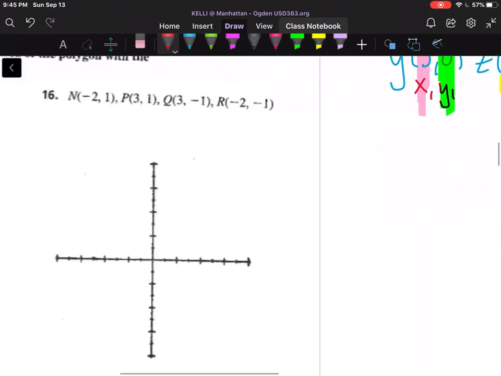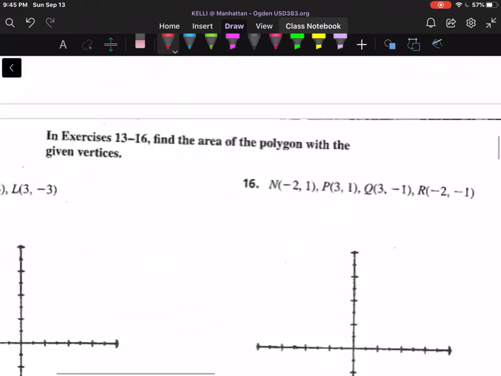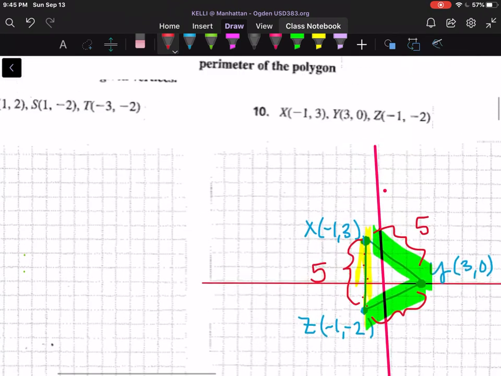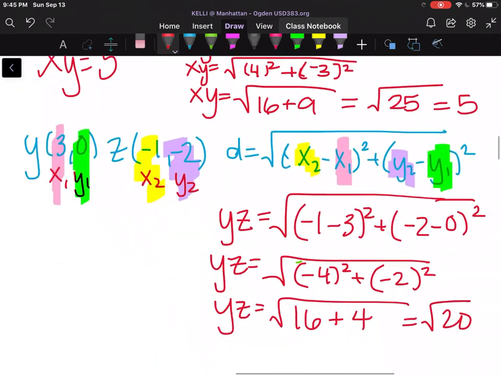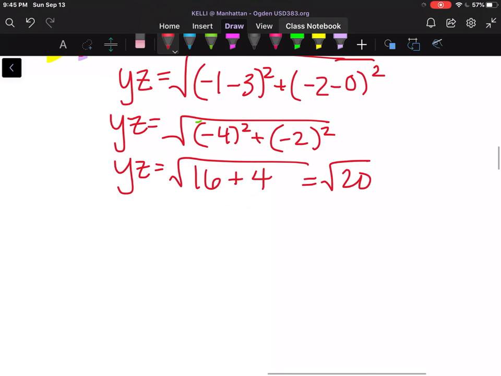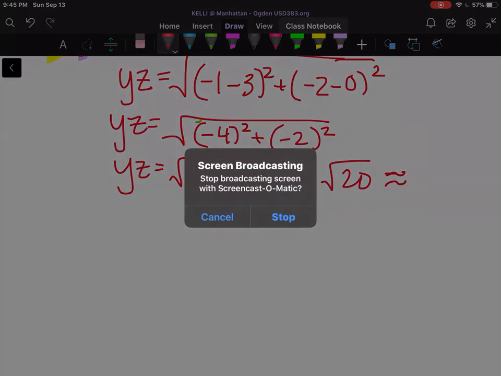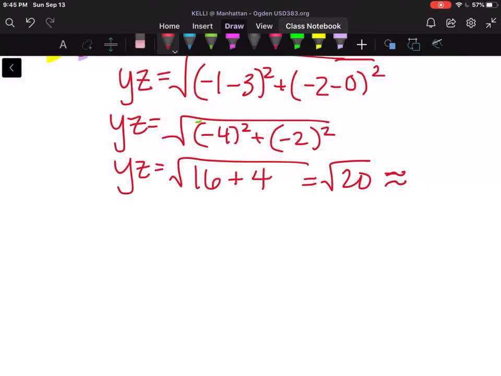Let's see. Do the directions tell us to round? No, it doesn't. So, square root of 20, well, let's see. That's going to give us, let me see what that is in my calculator. And let's see.